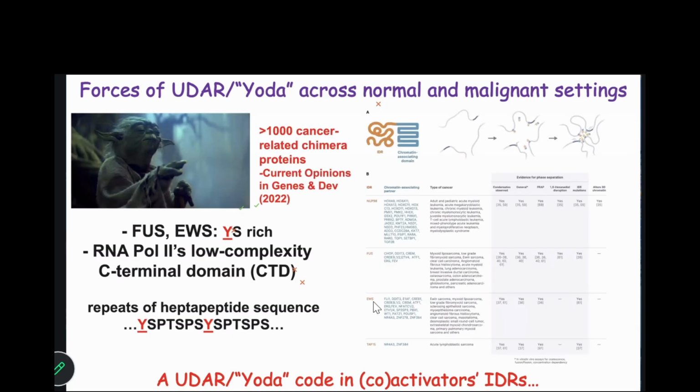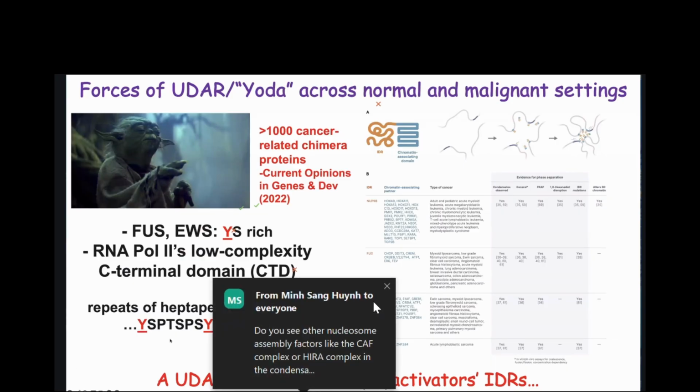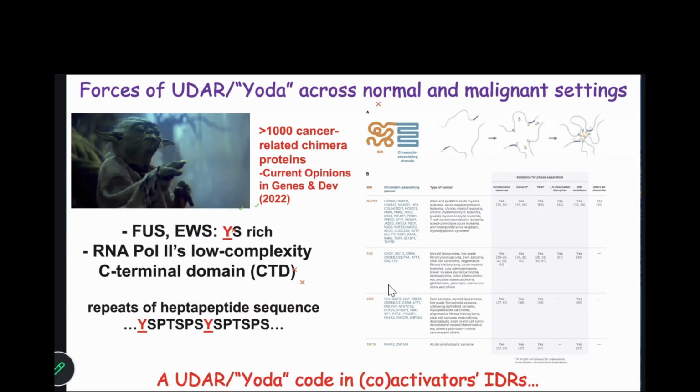For example, as we know, RNA polymerase II has this typical heptapeptide repeat sequence, and the first two residues, YS, are essentially very much like FG. So I propose this sequence or code is going to be fairly critical for transcription activation, and there is a lot more work to be done.